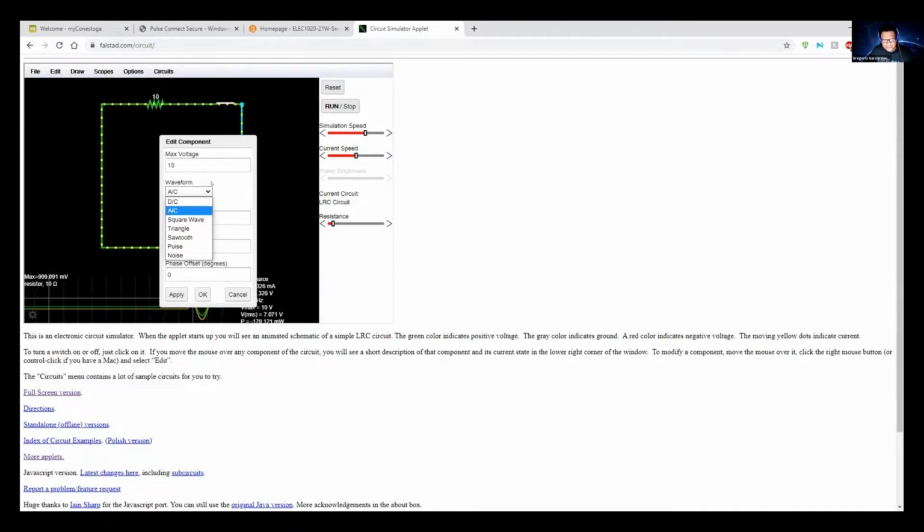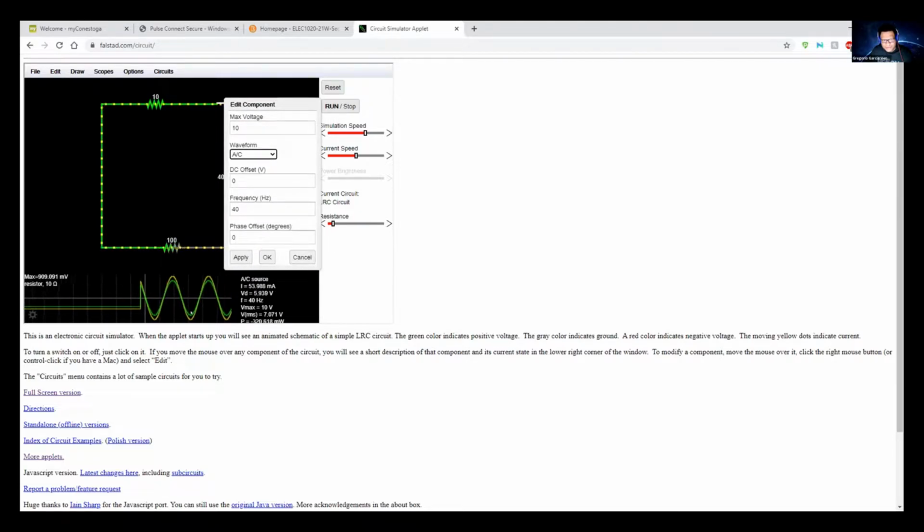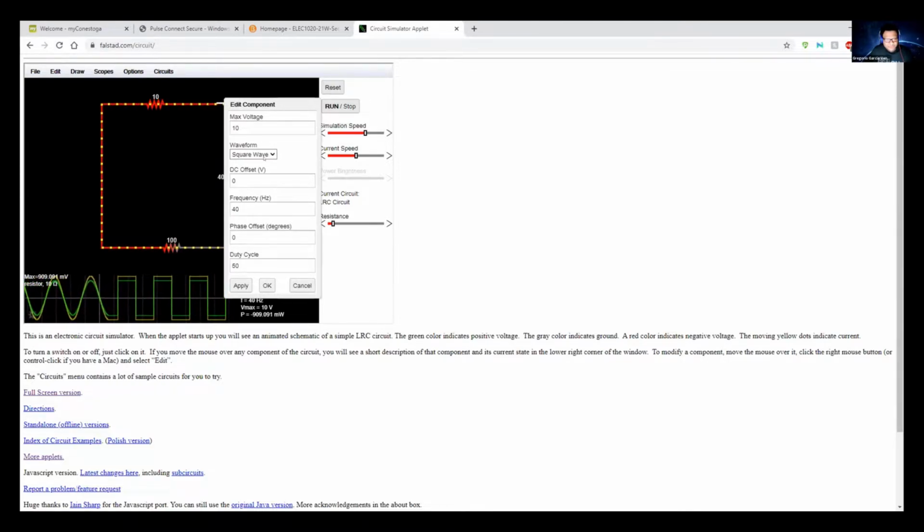You can see that as soon as I click on AC, right here at the bottom on the oscilloscope, the waveform is going to change. I can have a square wave, and again it's going to change the waveform.